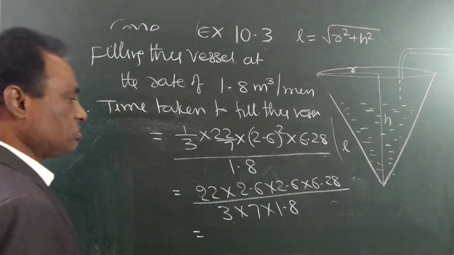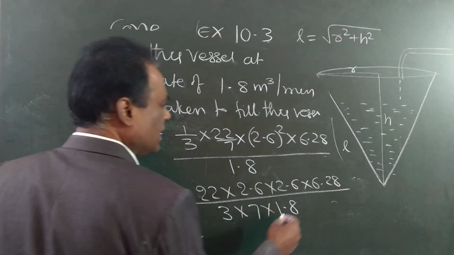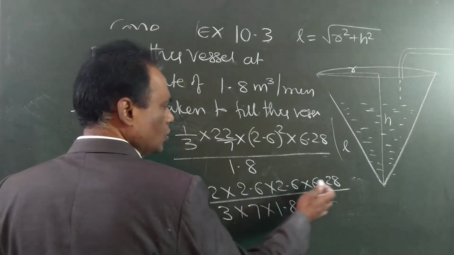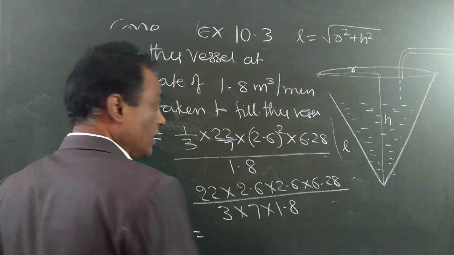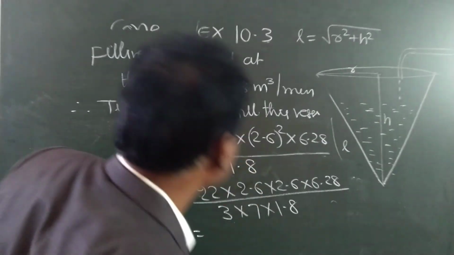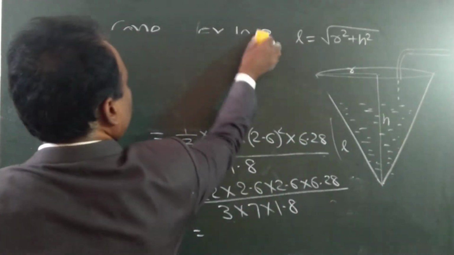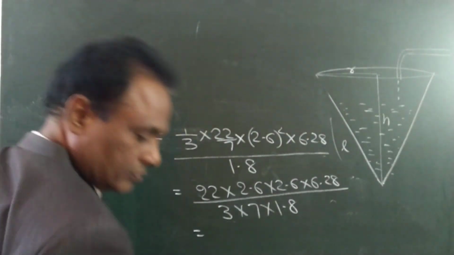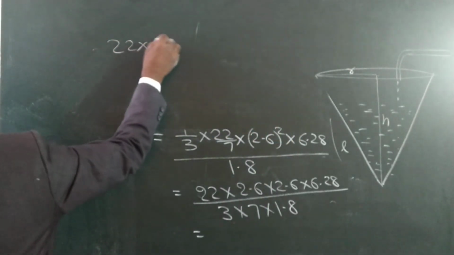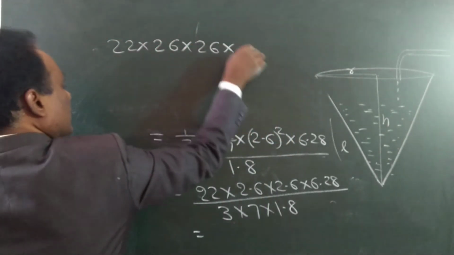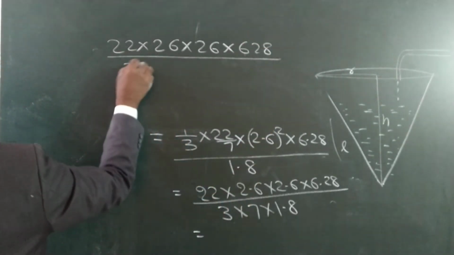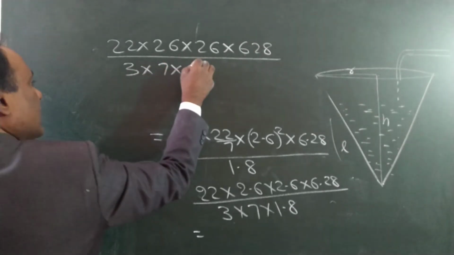Any cancellation? 2 decimals we can consider in the last. Because this decimal 1, 2 and this is 2, total 4 digits. See here: 22 into 26 into 26 into 628 by 3 into 7 into 18.